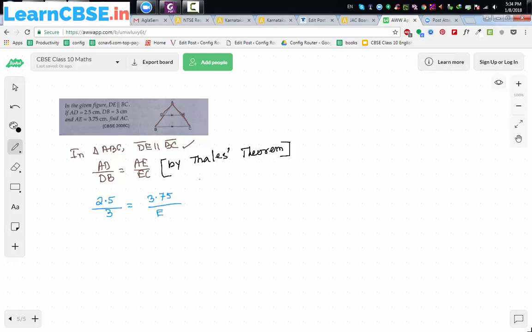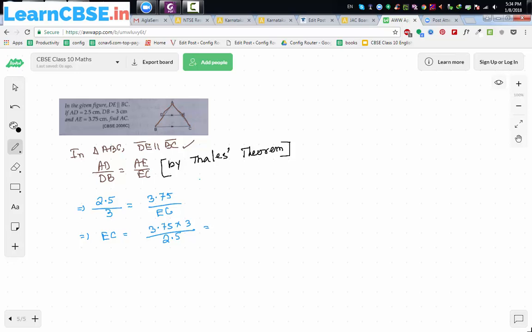We don't know EC, so we'll keep it as EC. Now we need to simplify it. We'll get the value of EC, which will be 3.75 times 3 divided by 2.5. I use the simple transposition method to solve it.